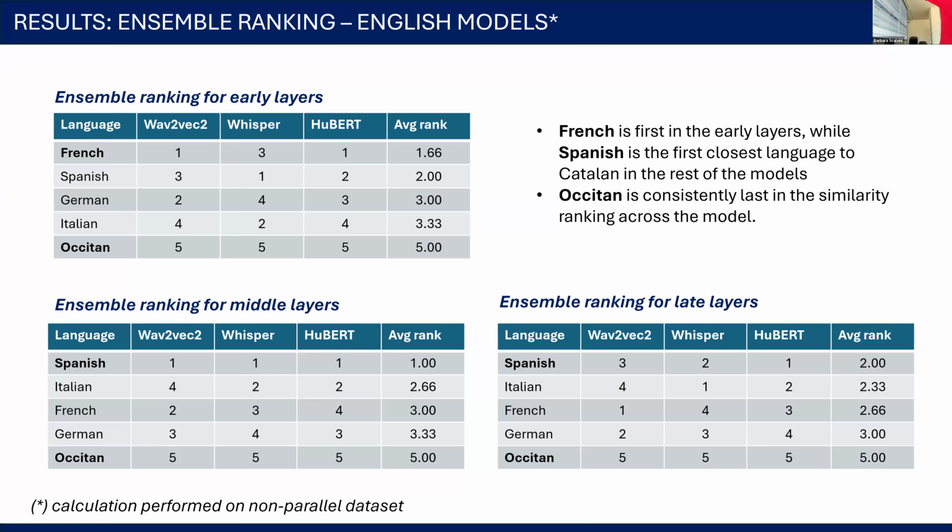We find that there is some reshuffling in the early layers, with French now being first and Italian being second to last for some reason, and then Occitan reliably always last. All the models agree, literally. Spanish is first in middle and late layers.